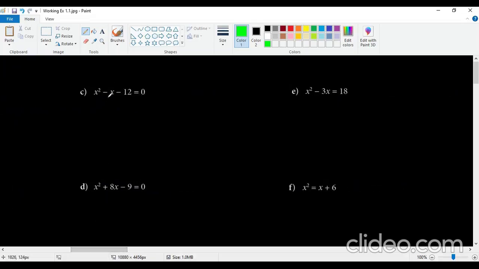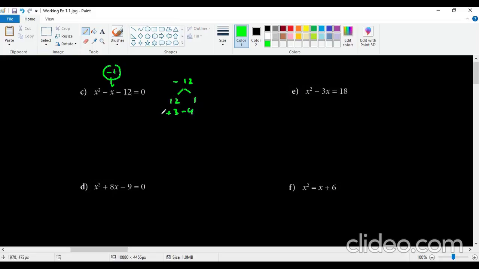Here it is negative 12 that we are looking for. Negative 12 you can get by 12 times 1, and there are other numbers also that you can find, 3 and 4. 3 times 4 is also 12, and minus 4 and plus 3 give you negative 1, which is what we need here.